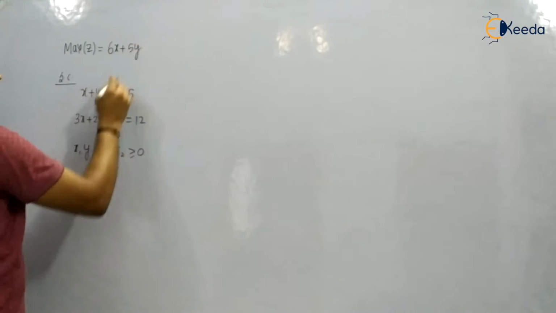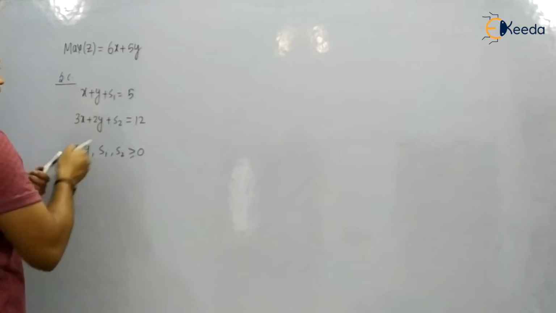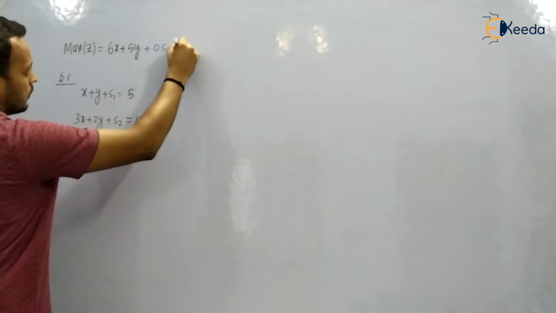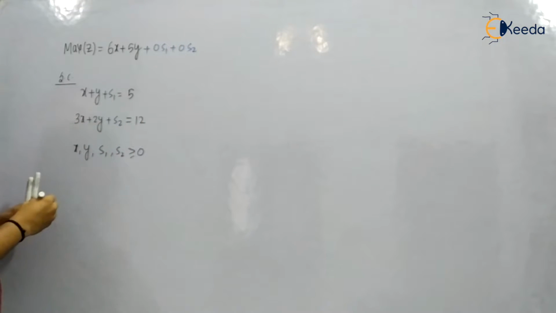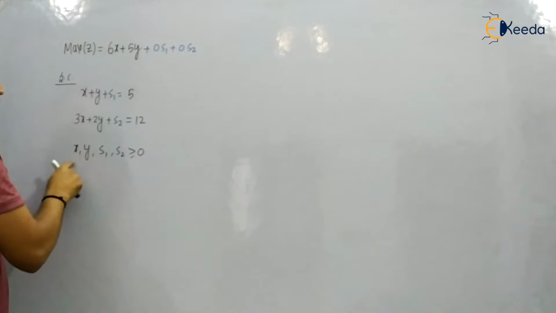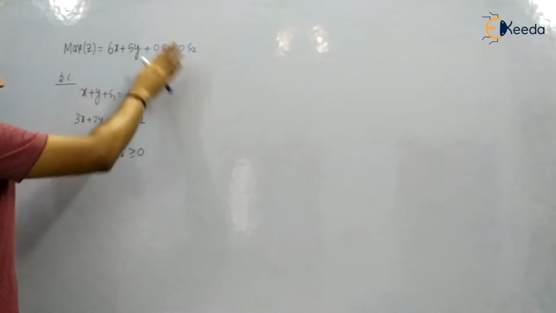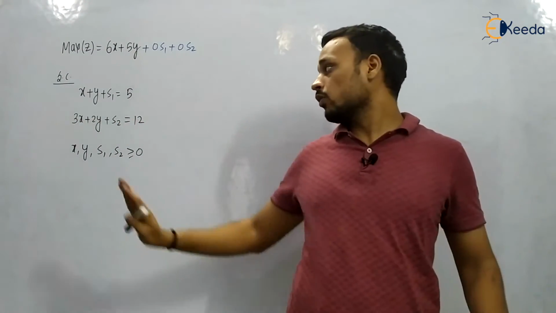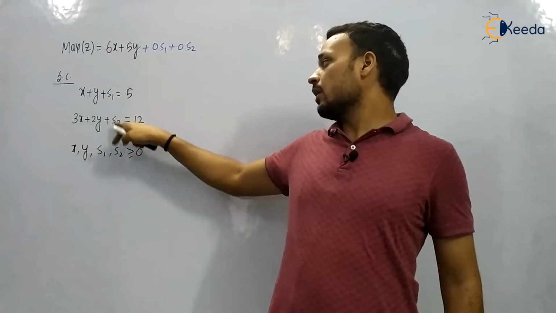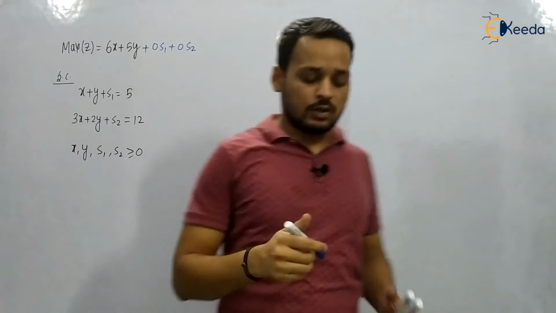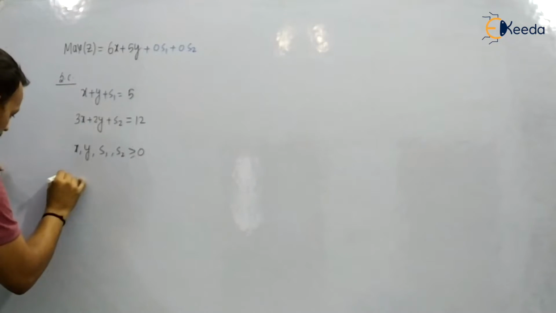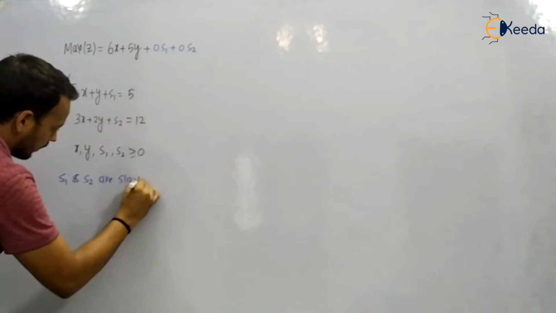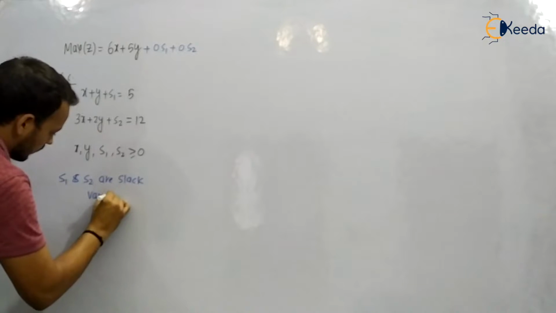You can also add the variables to the objective function, 0 s1 plus 0 s2, because the decision variables are 1, 2, 3, 4. Now you have converted your linear programming problem into a standard problem. What are s1 and s2? s1 and s2 are the slack variables.